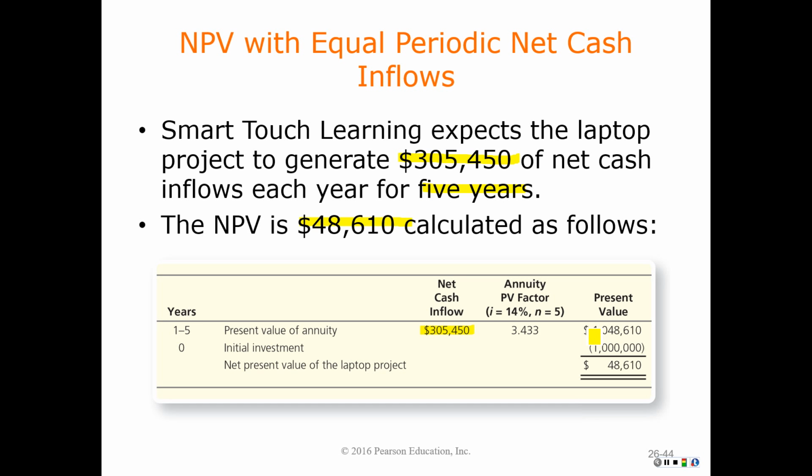If these inflows are generated as the result of a $1 million investment, then my net present value is positive. So it does generate enough profit to cover the return that is required by this organization.